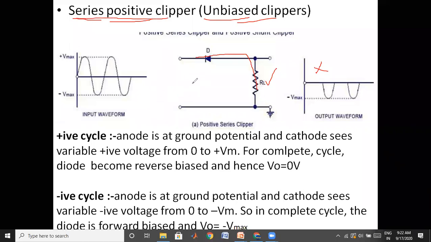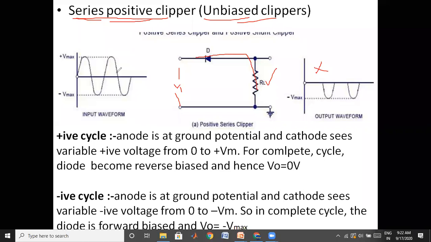Now we are seeing this series positive clipper. Here we are applying the input voltage. As we discussed in the introduction, all these circuits will be excited by the input signal only.